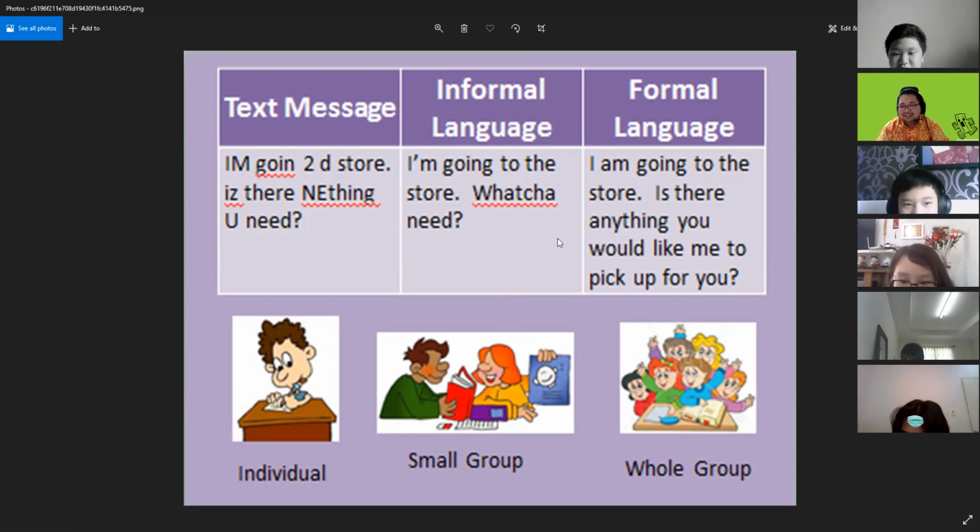Okay. Formal and informal language, that's okay. But sometimes, in your time now, you use WhatsApp, right? Or FaceTime, or iMessage, the messaging app in Apple. Right.